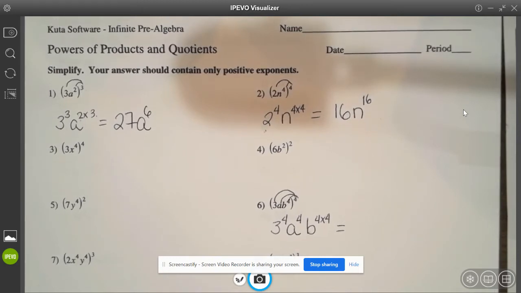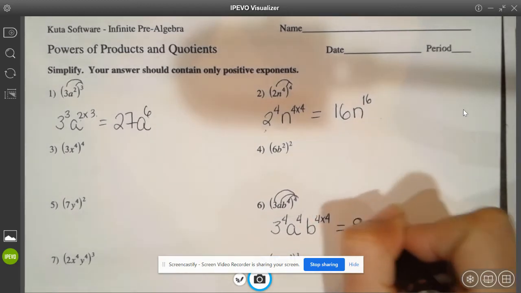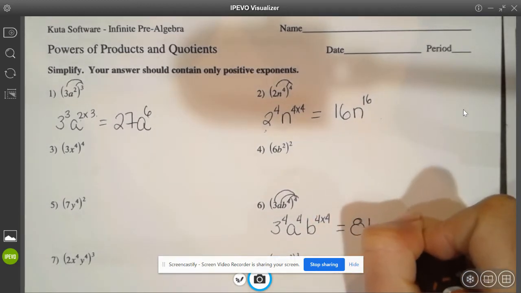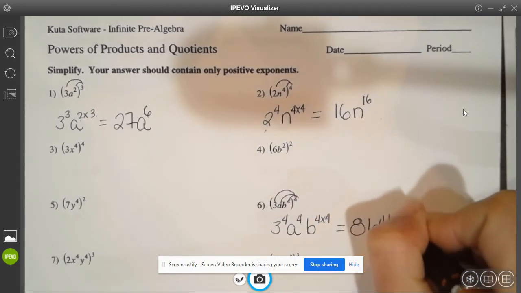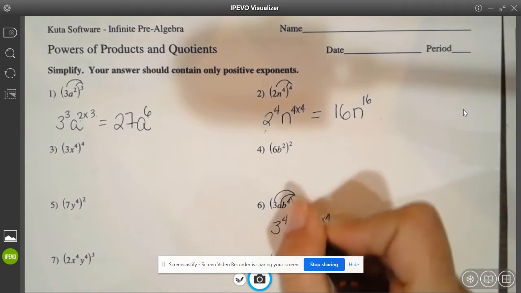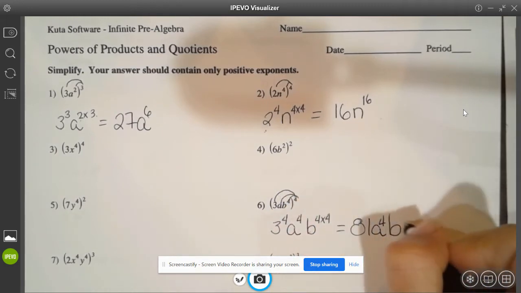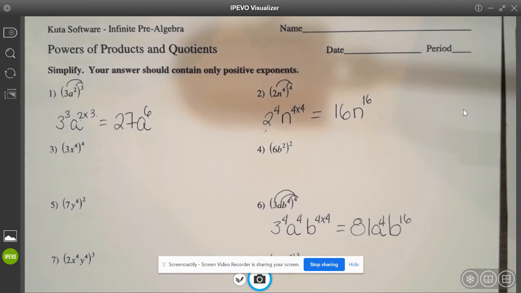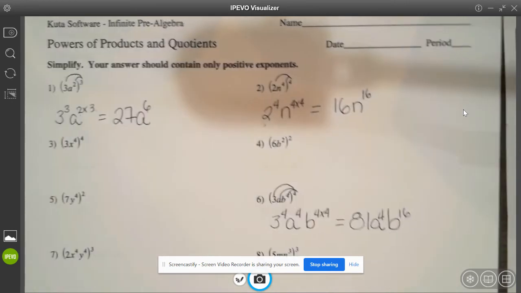So that's 3 to the 4th power, sorry, it's 81. So 81 times a to the 4th power times b to the 4 times 4, which you are distributing that 4, so that's 16. And you are done.